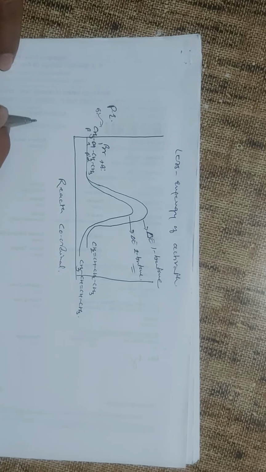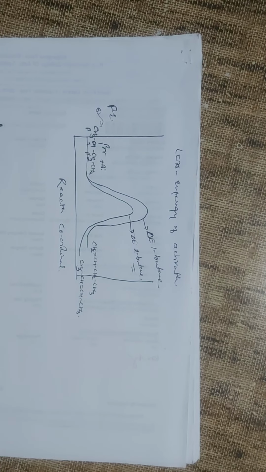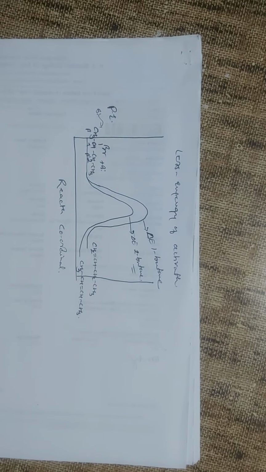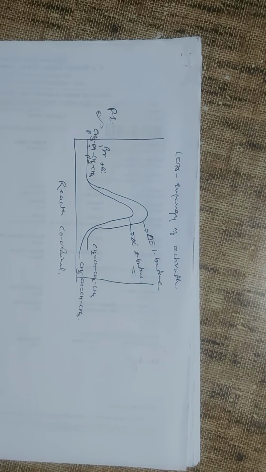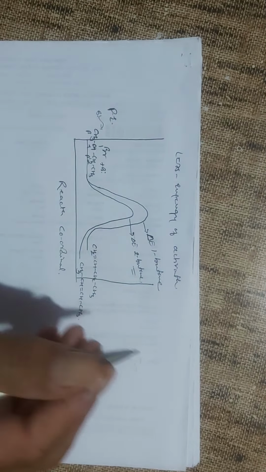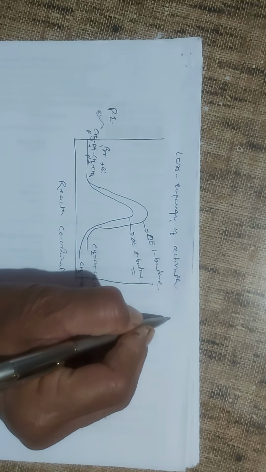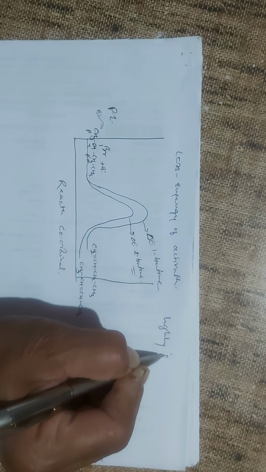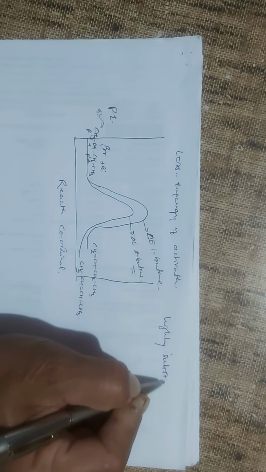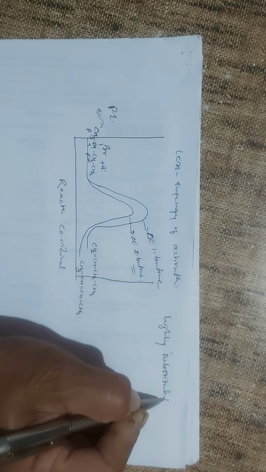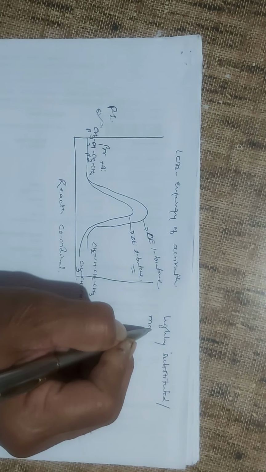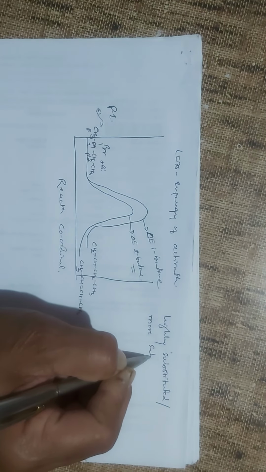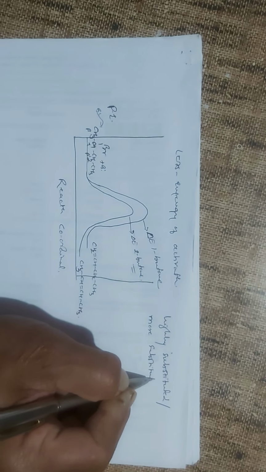Then this is not the only way. According to Saytzeff's rule, what was our concept? That the highly substituted, more stable, more substituted alkene is obtained as a major product.